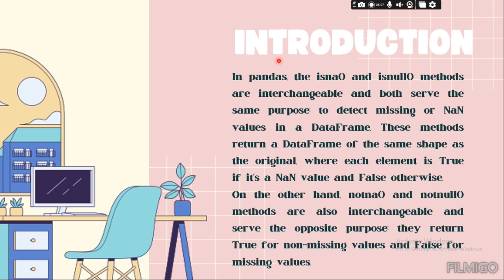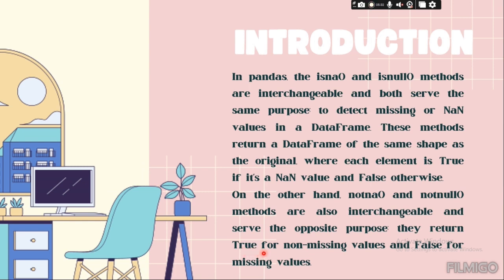and those methods are isna, isnull. These two methods are same. Notna, notnull, and these two methods are same and used interchangeably. These four methods won't take any parameters. These methods are just used with data frame objects. When we use these methods with a data frame object, we will get a boolean data frame as a result which is of the same shape and same size.